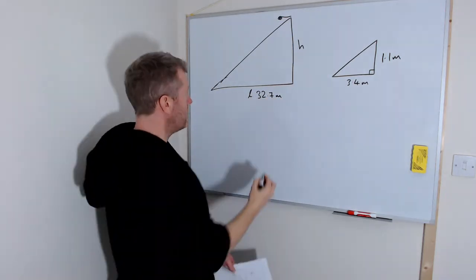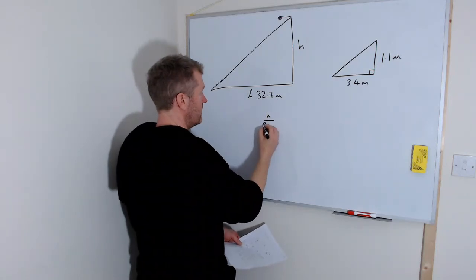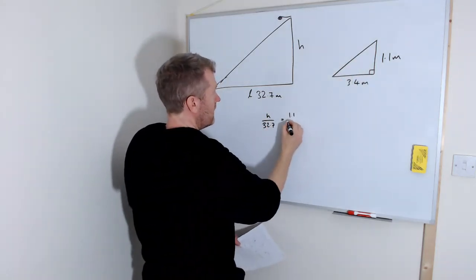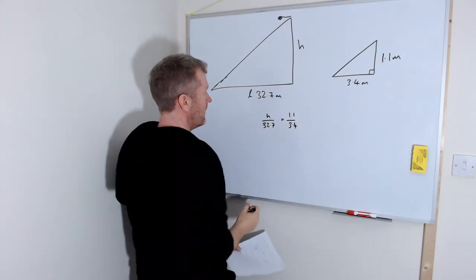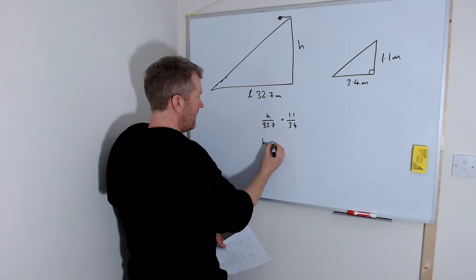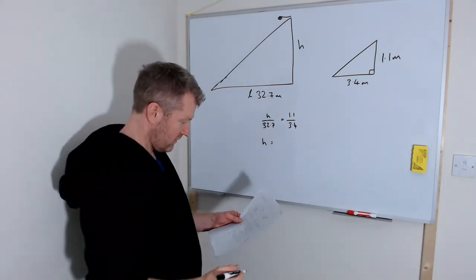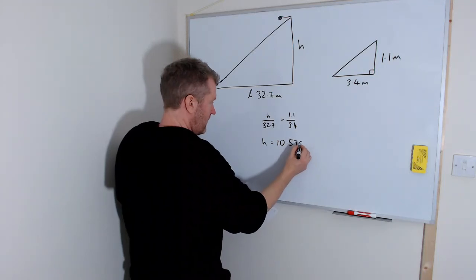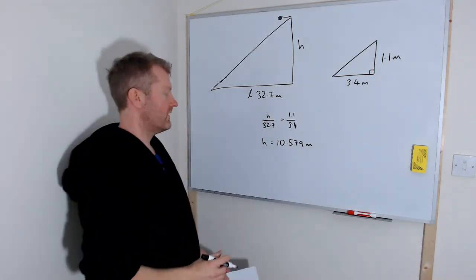So what we know then is h divided by 32.7 is equal to 1.1 divided by 3.4. The ratios are the same. All we do is multiply up by 32.7 to give us h equal to 10.579 meters. There's going to be some error there. Let's say 10.6.